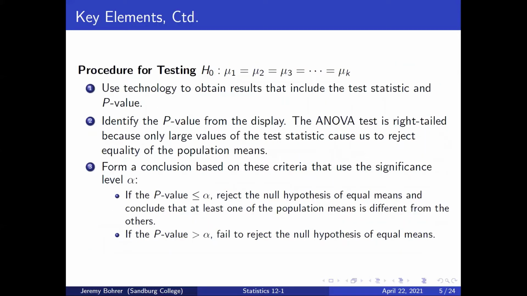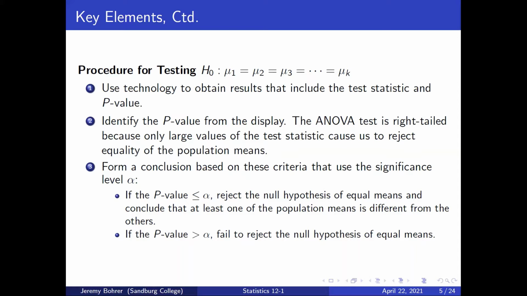Procedure for testing H0: mu1 equals mu2 equals mu3 equals, and so on, equals mu k. First, use technology to obtain results that include the test statistic and p-value. Second, identify the p-value from the display. The ANOVA test is right-tailed because only large values of the test statistic cause us to reject equality of the population means.